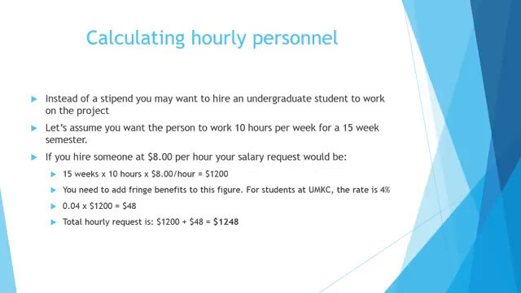For students at UMKC, this rate is 4%. So this means that you take the $1,200 from your budget and multiply that number by 4%, which in this case is equal to $48. Thus, for the personnel request, the total that you're requesting is $1,200 plus $48 for a grand total of $1,248.